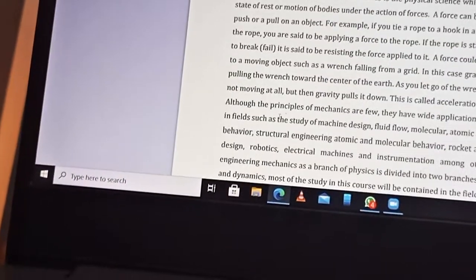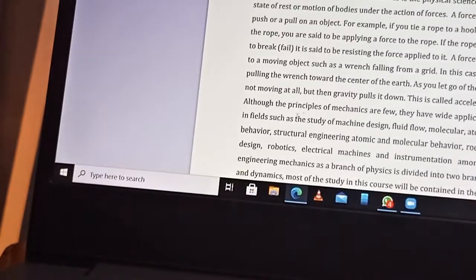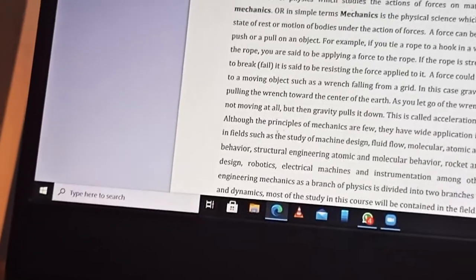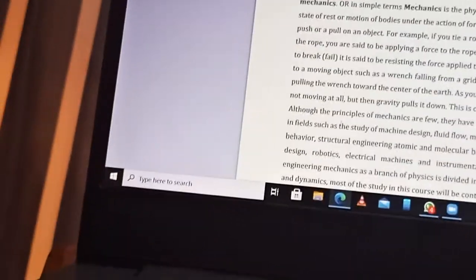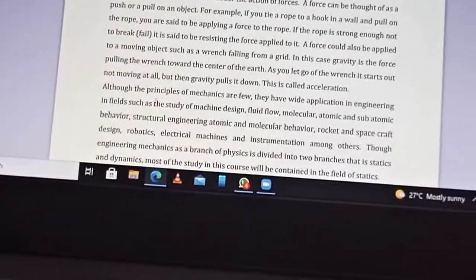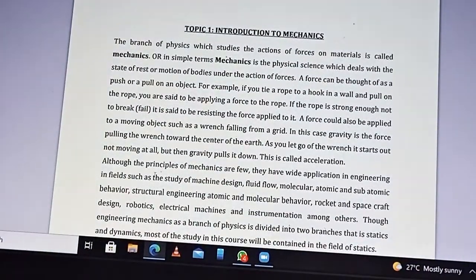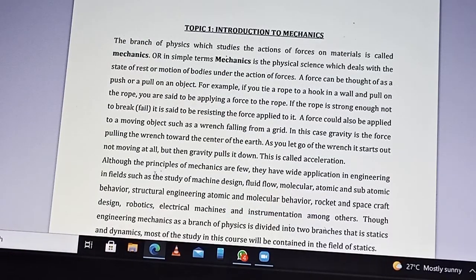For example, if you tie a rubber band and you try to pull it, actually this can be practical.